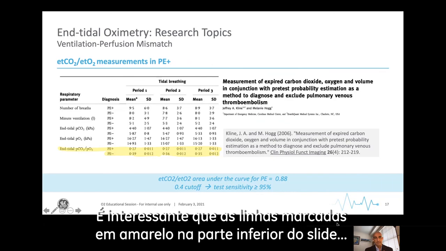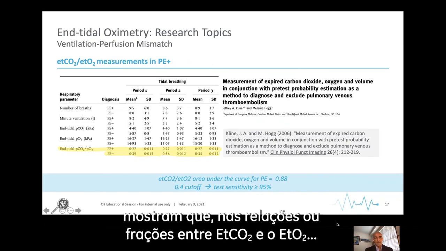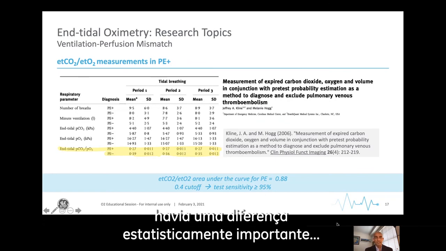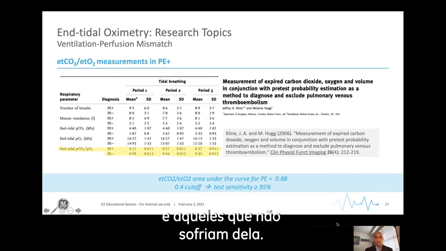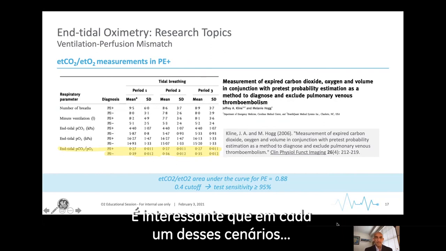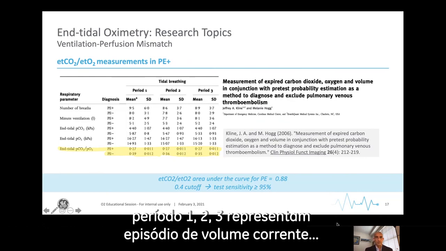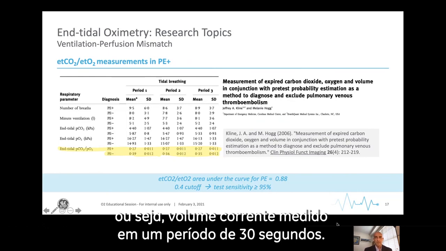The lines highlighted in yellow at the bottom show that for the end-tidal CO2 to end-tidal O2 ratios, or fractions, there was a statistically significant difference between patients who had a pulmonary embolism versus those who did not. Period 1, period 2, and period 3 each represent episodes of tidal breathing, measured over a 30-second period.